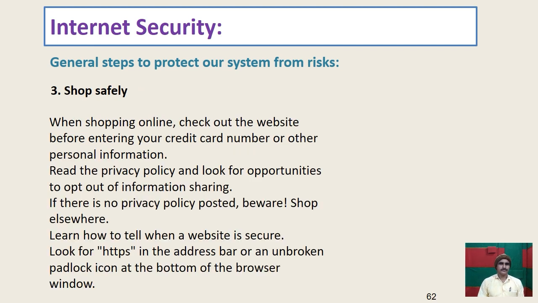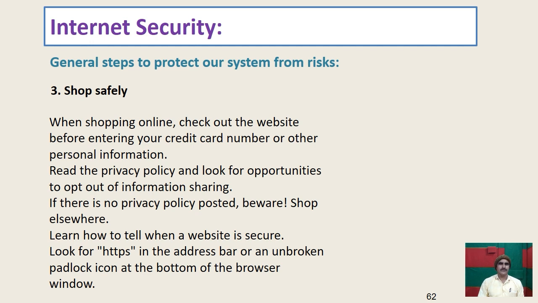Third step is shop safely. The internet has online shopping facilities. When shopping online, you must care about different things. Check out the website before entering your credit card number or other personal information.